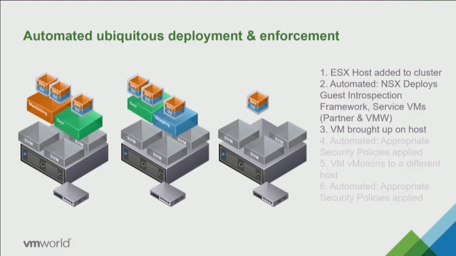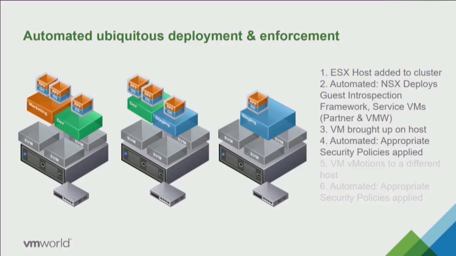So, for example, when we instantiate a new VM on that host, it automatically gets the appropriate policy applied. Once again, this is all automatic, because based on what the VM is, what tags are applied, maybe its name, there's a number of different attributes you can use to define what that VM is.